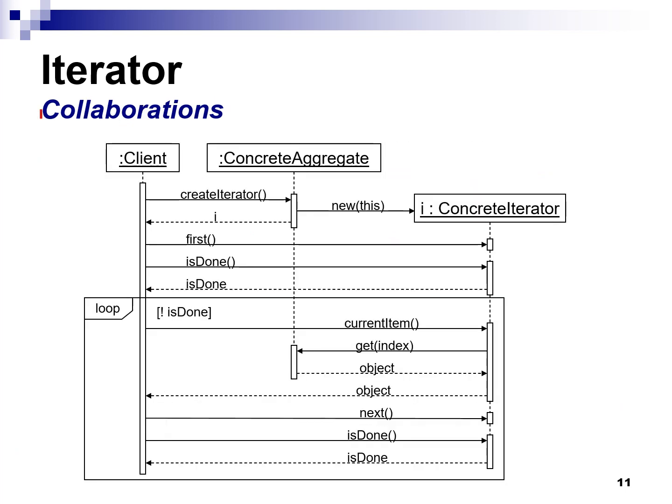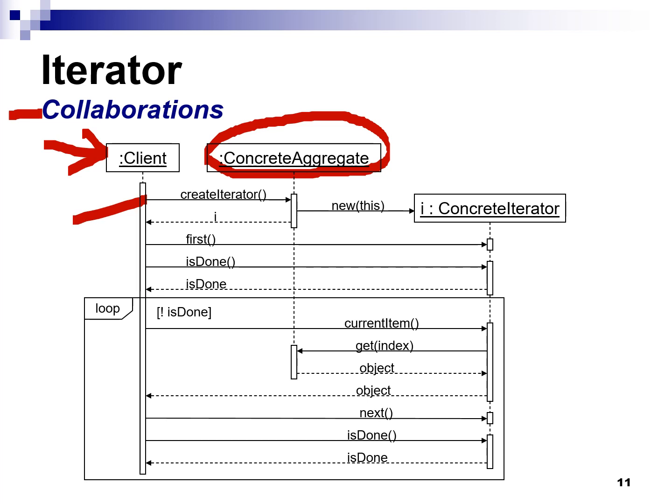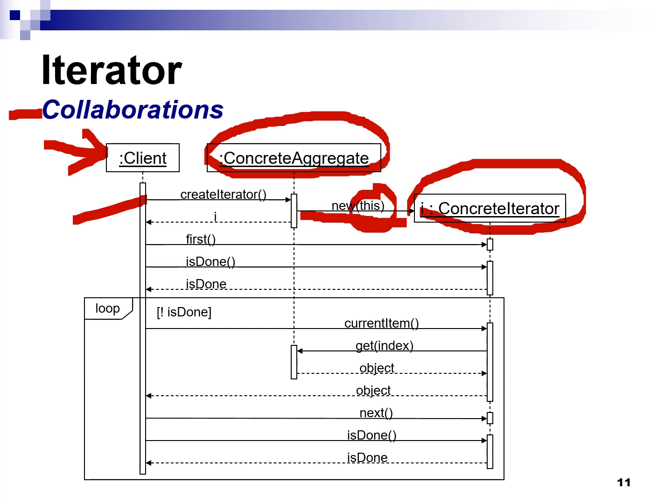How does it work? Well, let's see it with a sequence diagram. So we have a client class here that wants to traverse this concrete aggregate. For this purpose, the first thing I need to do is to create the iterator, and basically here I'm creating a concrete iterator. Normally I will pass the concrete aggregate as a parameter of the constructor, and then I will return the iterator here.